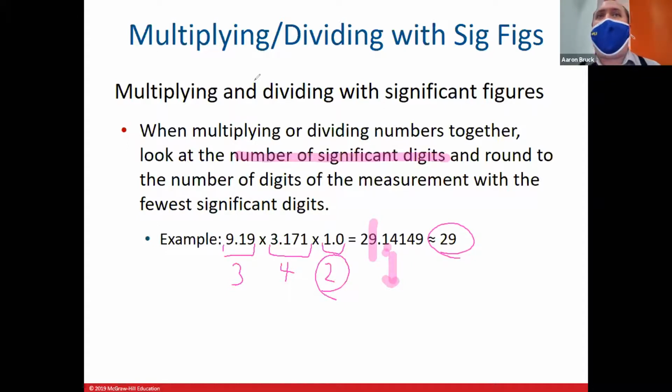Again, the thing that matters the most there is the number of significant figures. This value here, because it only has 2 significant figures, is going to play the biggest role in reducing the number of sig figs that are available.